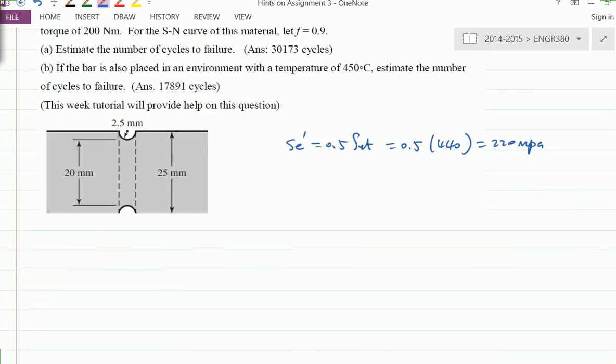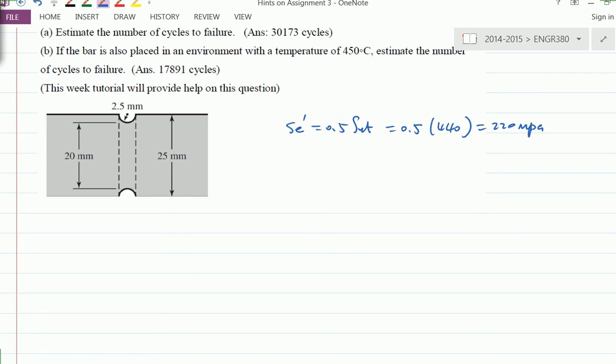Before we go ahead and find the Marin factors, we can try to find the fatigue stress concentration factor.